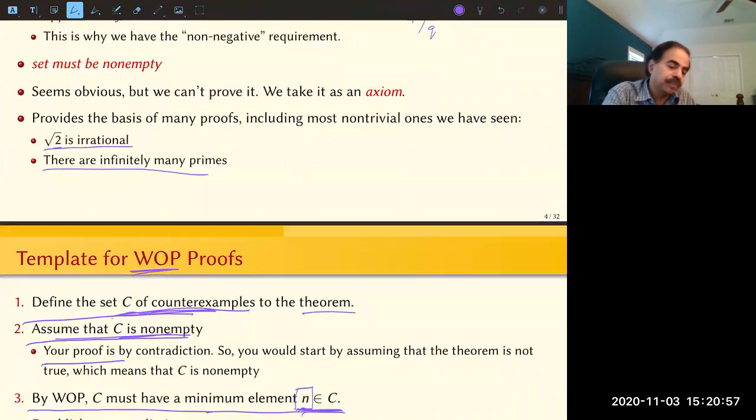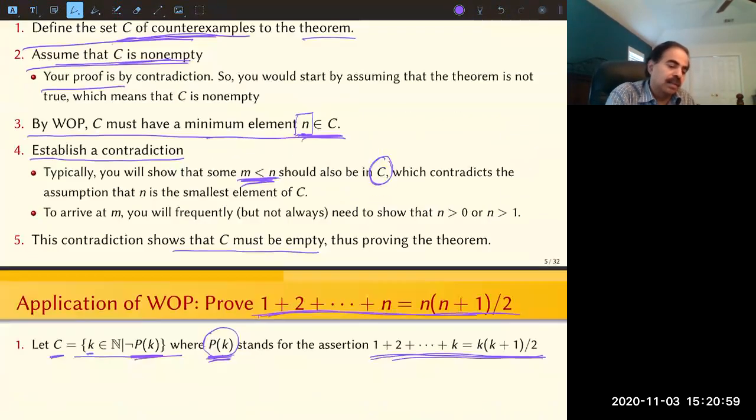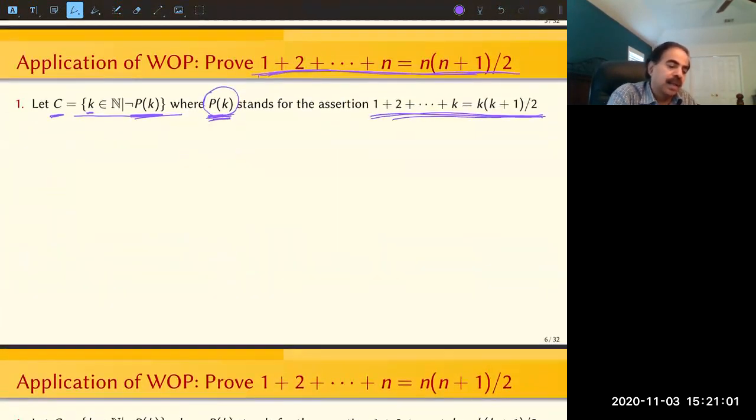Here we start by defining C to include only elements from N. So only elements in N, and some of those elements are in C. Therefore, every element in C is already a natural number, and therefore the well-ordering principle is applicable.